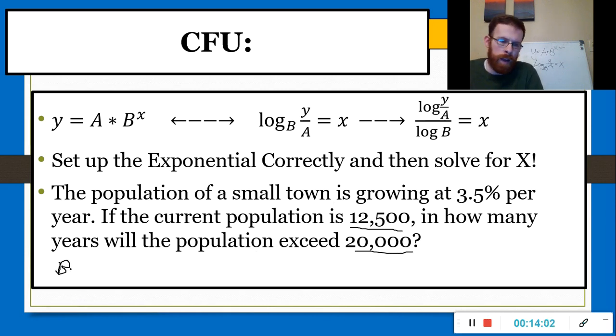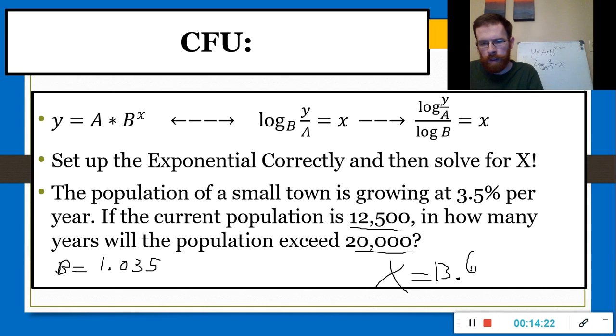One thing I will tell you is that your rate isn't 3.5%. The rate's got to be bigger than 1, because that means it's growing. So your rate is going to be 1.035. The time it takes for this to grow is about 13.66 years.